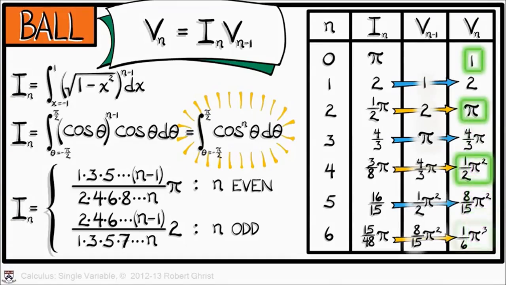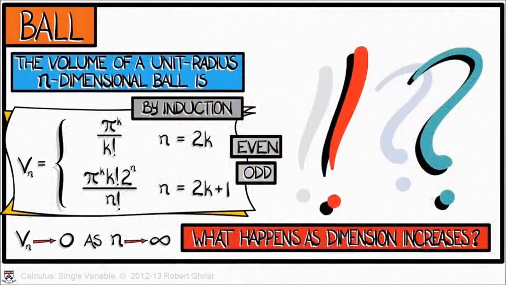Also, there are other patterns in the coefficients. If we look at what happens in the even case, it seems to be particularly nice looking. In fact, we get that pattern that we claimed at the beginning of this lesson. Namely, that in the even case, you get pi to the k over k factorial, where n equals 2k.